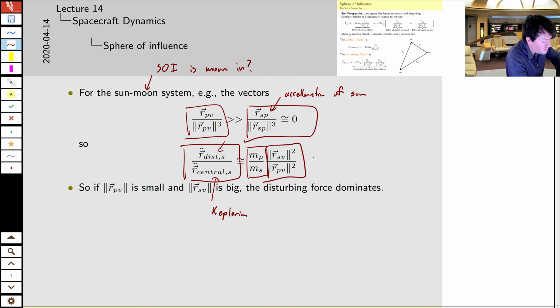So basically, if this is approximately 0, well, not 0, but small, and even if this is not too small, then this is going to be large. So the disturbing force will dominate. We haven't quantified that, but that's the intuition behind it.